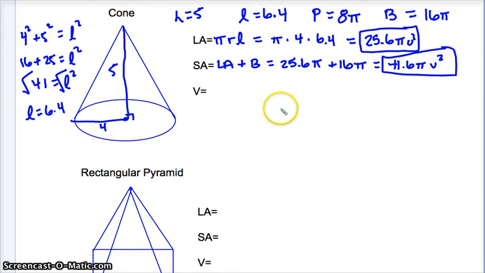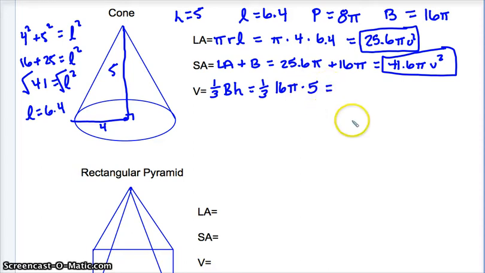Okay, on to volume. For the volume, I'm going to use my formula, 1/3 the area of the base times the height. Let's plug in the information that I know. I've got 1/3 times 16 pi times my height, which is 5.